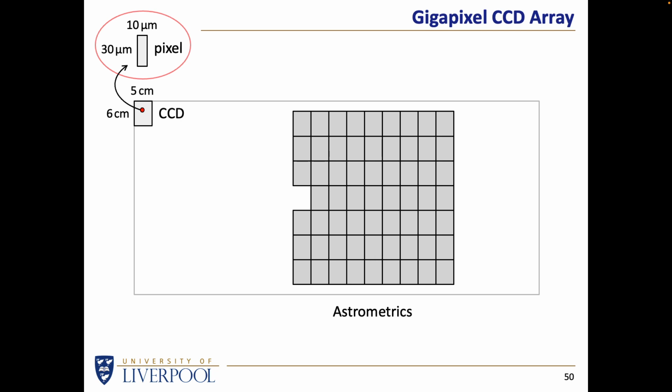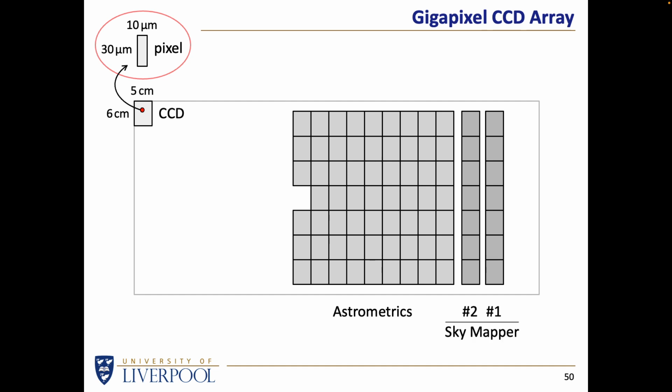In addition to doing all of the timing, we would like to get other information about the star. These are responsible for measuring the timing and the brightness of the star, but there are 2 sets of CCDs before the star hits the astrometrics, and these are called the sky mappers. They are designed and set up in such a way that stars from one telescope will hit one set of CCDs, and stars from the other telescope will hit the second set of CCDs.